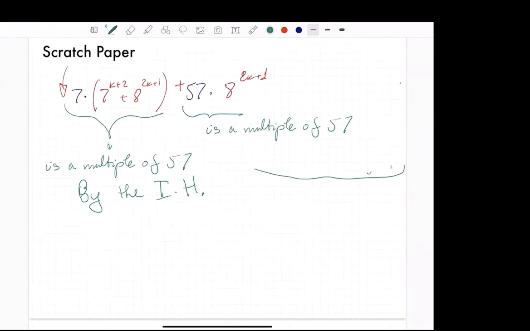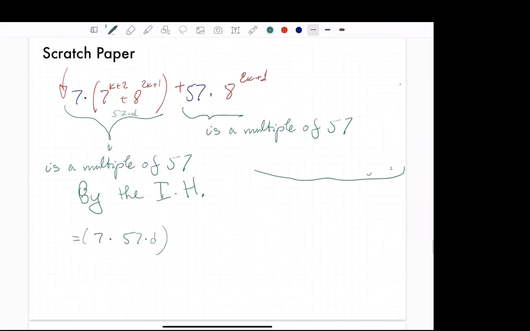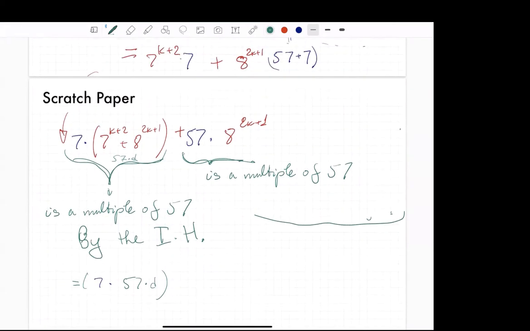Therefore, this is a multiple of 57, something like 57 times some d. And this is a multiple of 57 because it's 57 times something. So their sum is a multiple of 57, and that concludes the proof.